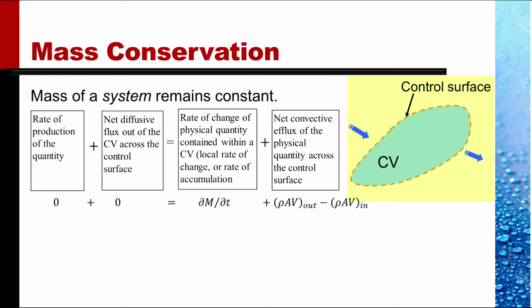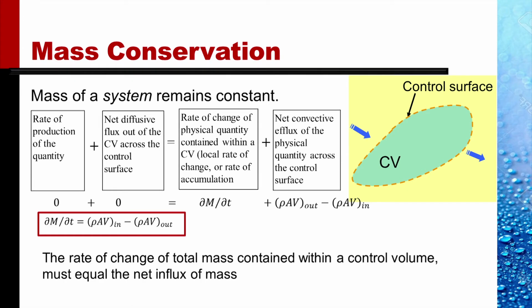This can be manipulated to give ∂m/∂t, the rate of accumulation of mass within the control volume, is equal to the net influx of mass across the control surface. This is the form of the mass conservation equation that we use in fluid mechanics.